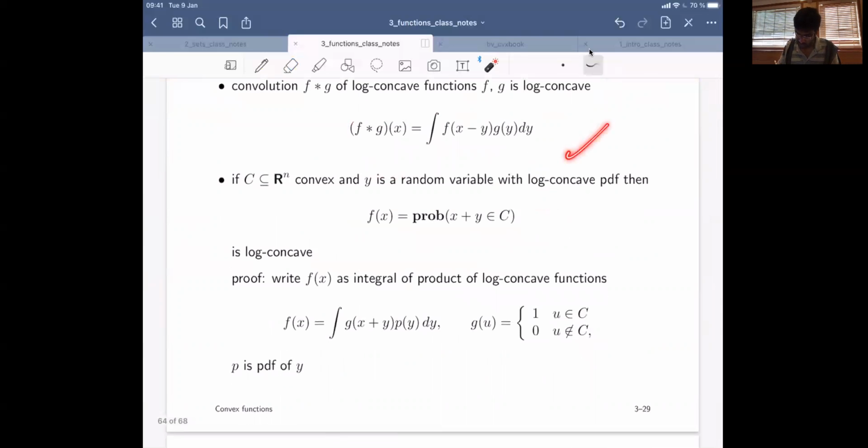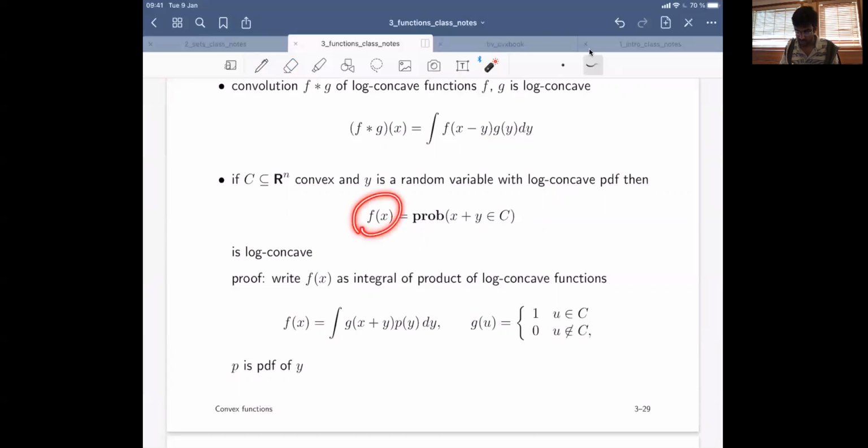And another thing is probability. You have a set C, which is convex, and y is a random variable with a log concave PDF. For example, y has a Gaussian PDF, a normal PDF. In that case, how do you define this function?